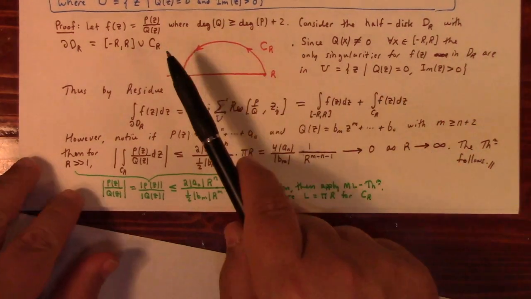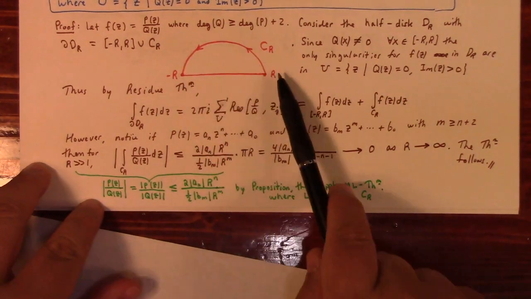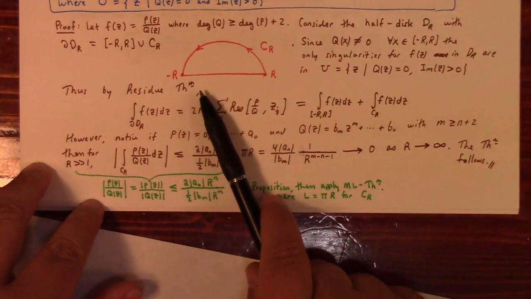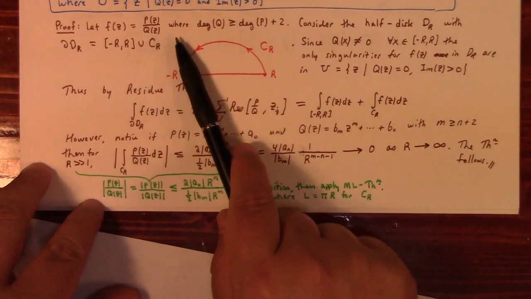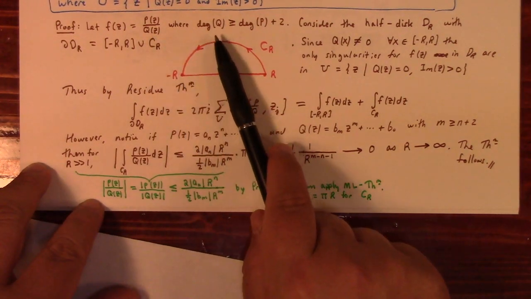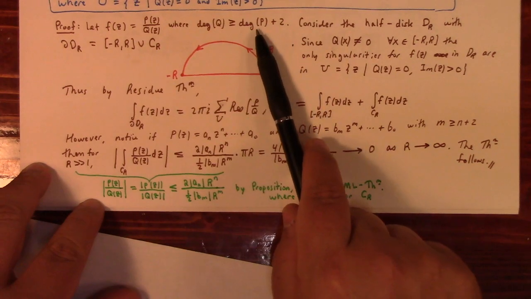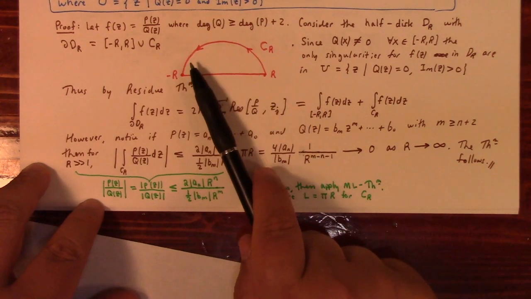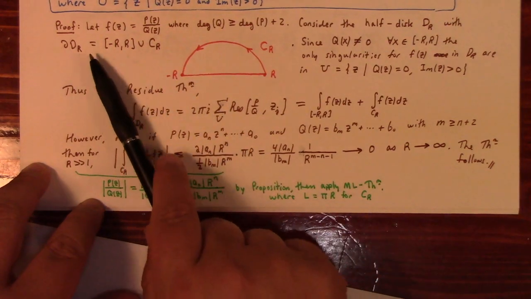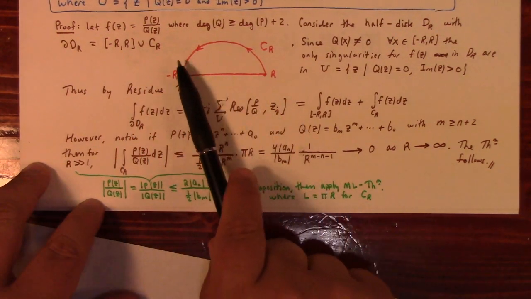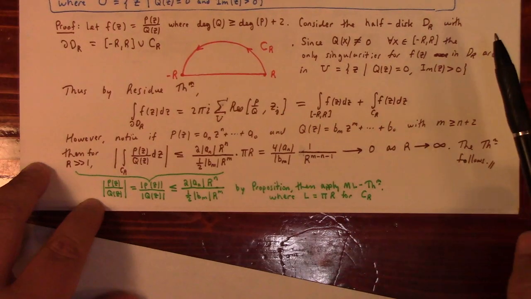And it's just this: we basically look at this half circle contour, and we assume that the degree of the denominator is at least the degree of the numerator plus 2. The boundary of the region is the line segment from minus r to r and the upper half circle C_R, right?